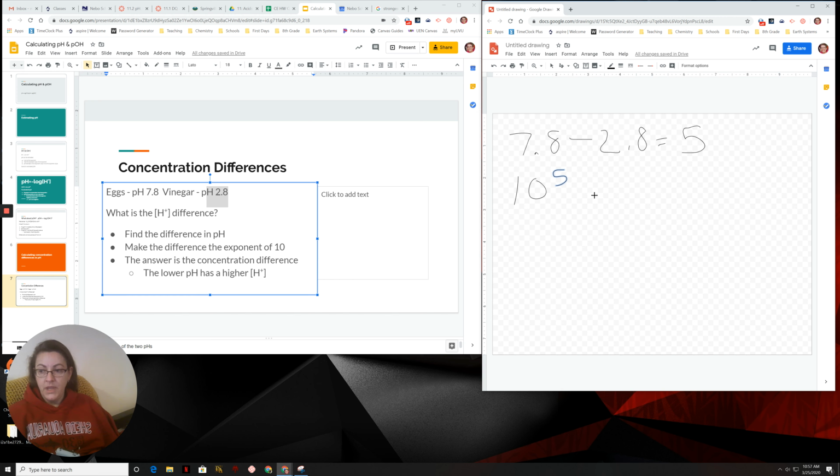Okay? This is exponential, which means that each step you are multiplying, not adding. Because there's a difference. This is the same thing as 10 times 10 times 10 times 10 times 10, right? That's what an exponent is.